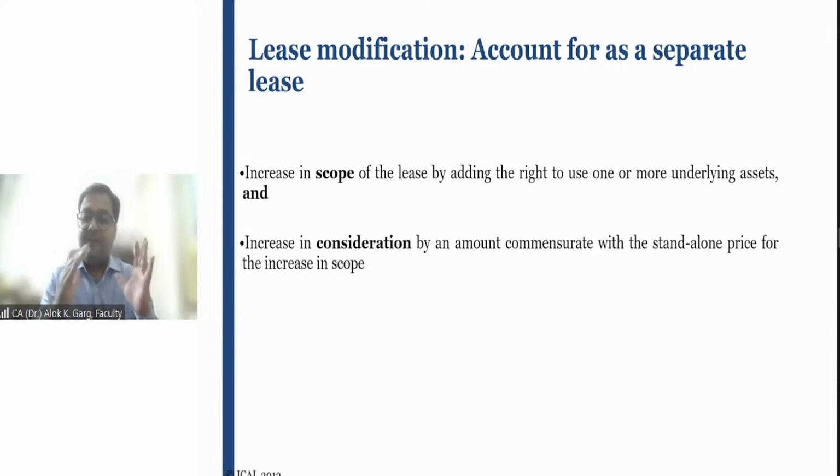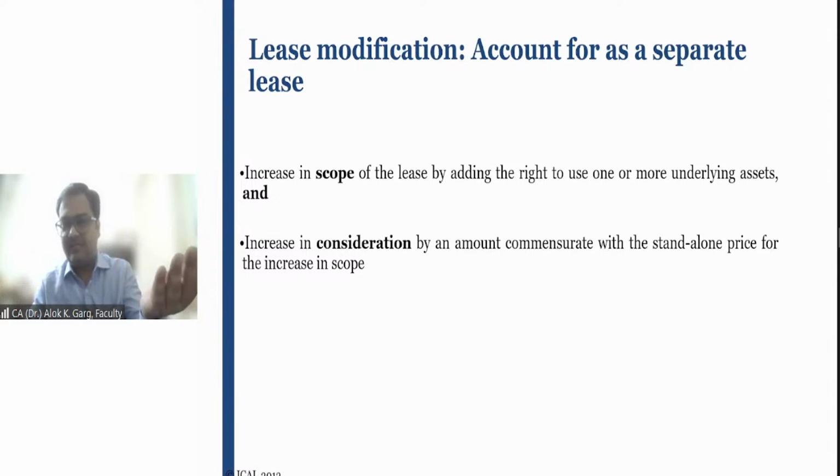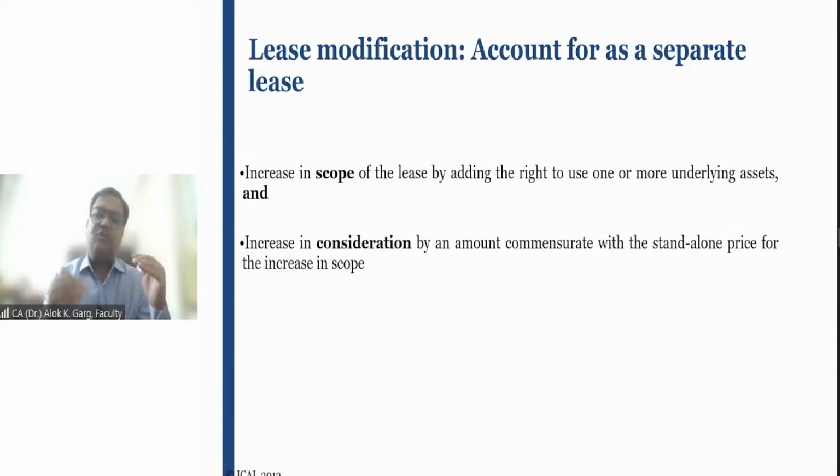So friends, whenever there is an increase in the scope of the lease, either by adding the right to use one or more underlying assets, and there is also an increase in consideration, and this increase in consideration is commensurate with the market value, the fair value, the standalone selling price, meaning whatever space or scope I am increasing, I am also paying the rental for that, the lease rent for the additional space is also at market value, in that case this lease modification will be considered as a separate lease.